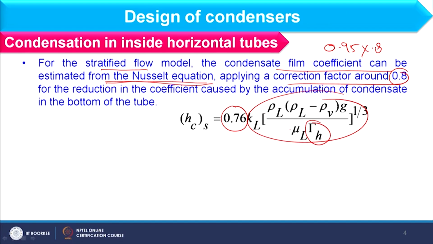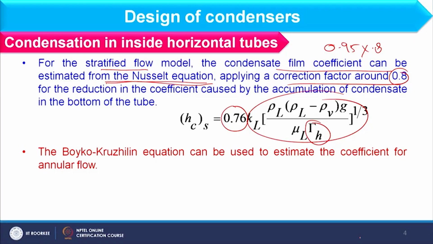So, 0.76 is basically 0.95 into 0.8, and here we obtain a slightly lesser heat transfer coefficient in comparison to the Nusselt equation, and the reason is very simple, because I have variation in the thickness of the condensate film inside the tube.